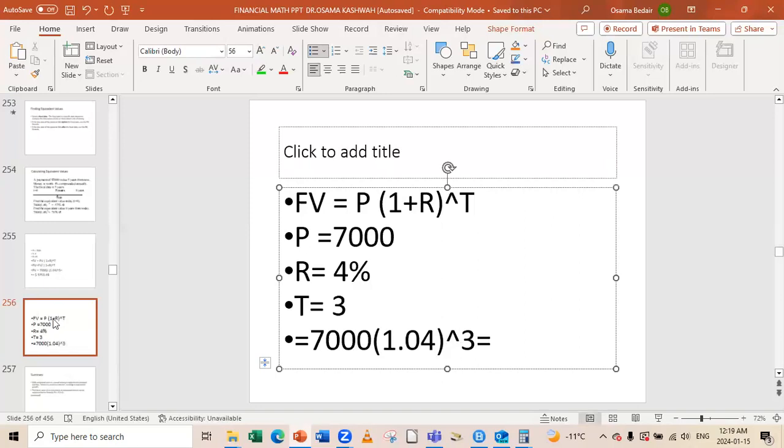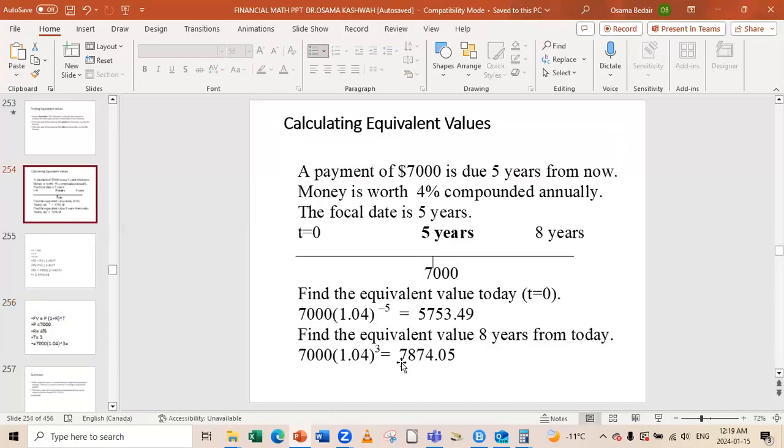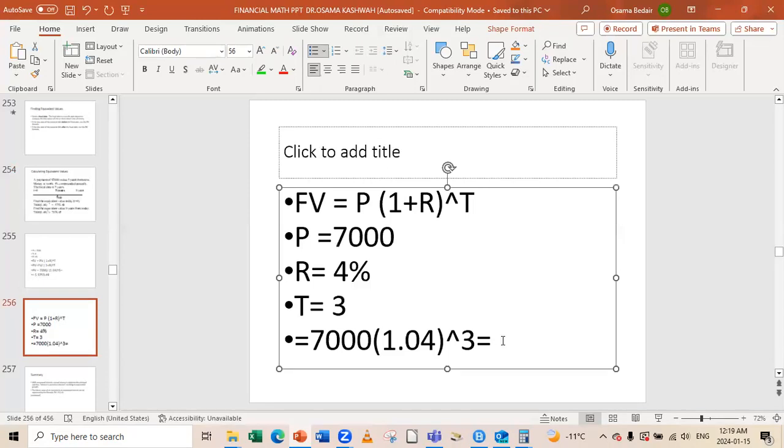That will equal 7874.05. When you do it with the calculator, it will equal this amount.